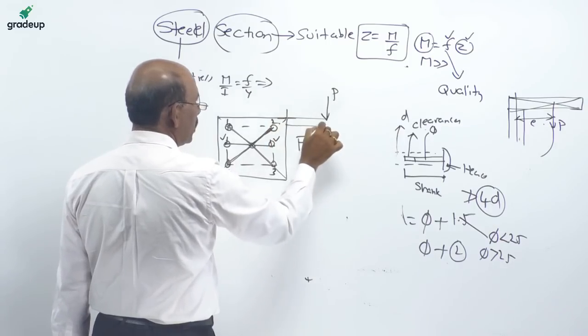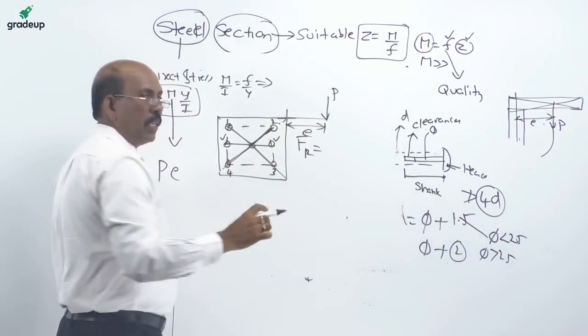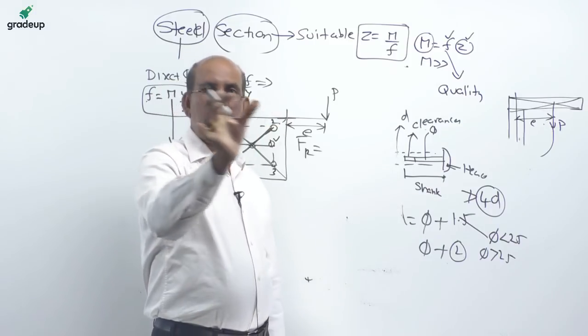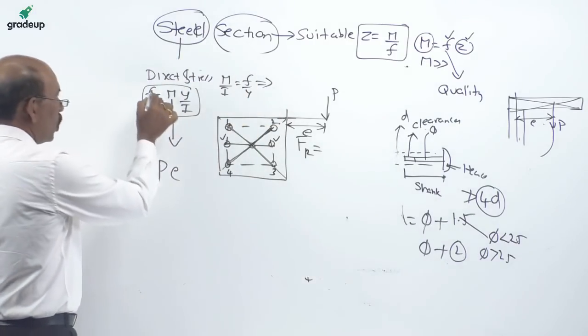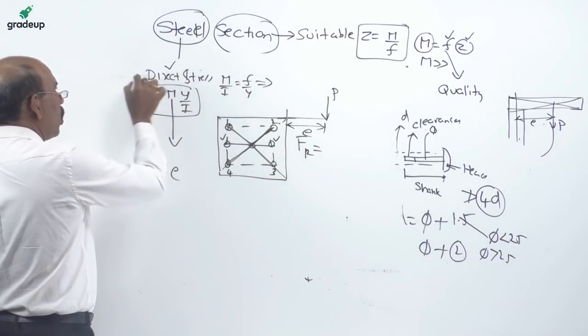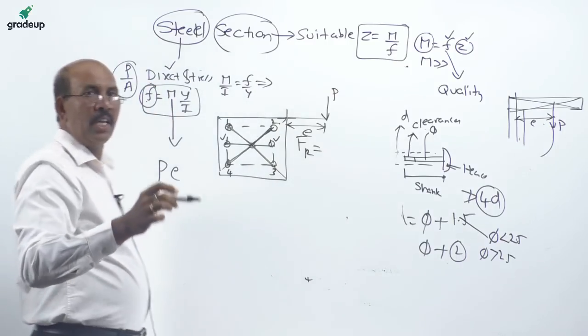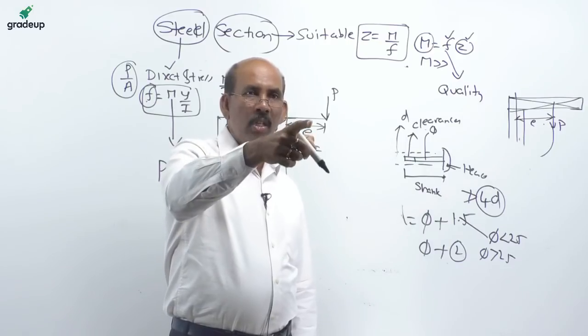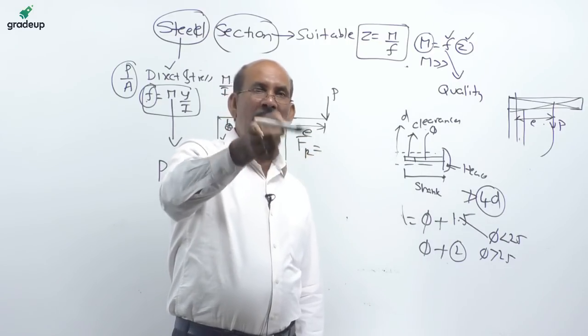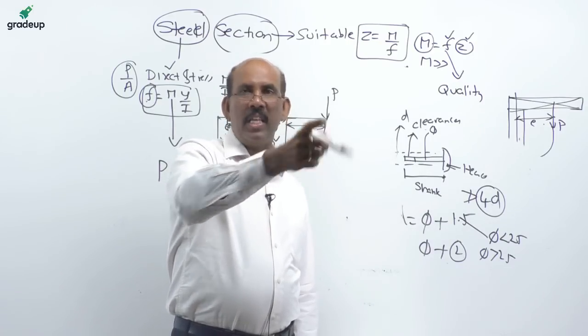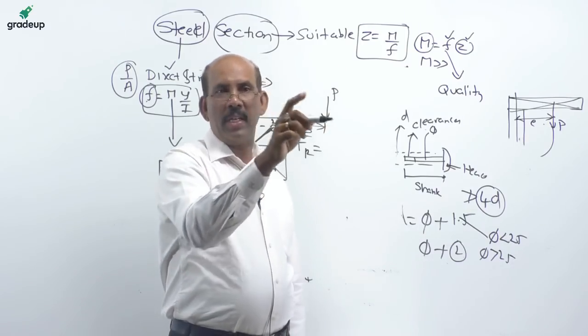So, you consider this is E, the eccentricity. So, P into E is the eccentricity effect. The total effect is one part load by area, which is the direct stress, and the other is the bending stress. So you have to consider both in case of eccentricity: the bending effect as well as the direct stress.